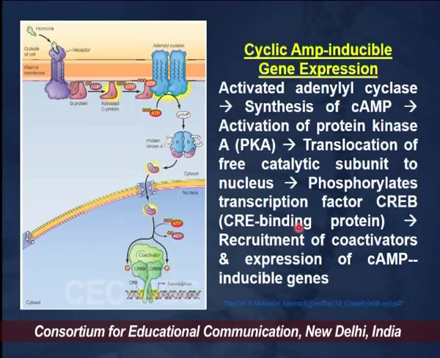B stands for binding protein, while CRE is the cAMP response element. So, cAMP response element binding protein is what CREB is. Once this CREB gets activated, it will recruit the coactivators and perform the transcription of cAMP inducible genes.